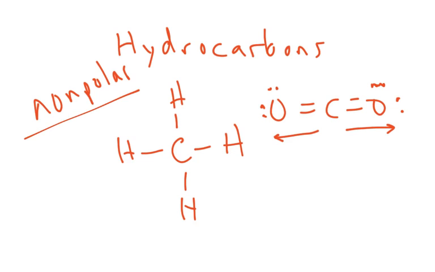And at the end of the day, the shape will cause this molecule also to be nonpolar. And we say it has no dipole moment. So just because you have polar bonds, carbon dioxide has 2 polar bonds, doesn't mean it's going to be polar yet. You have to look at the shape. And if the shape is asymmetrical, it will be polar. If the shape is symmetrical, like in CO2, it ends up being nonpolar. Okay?